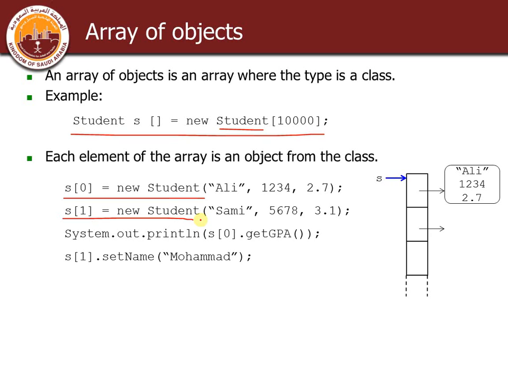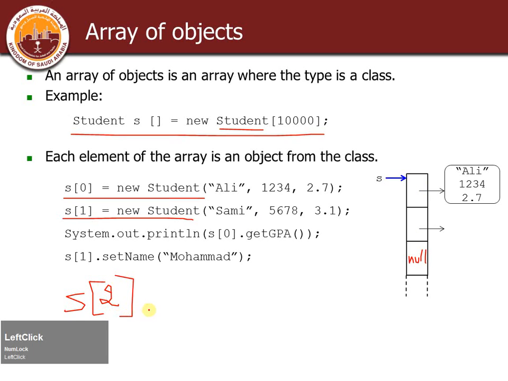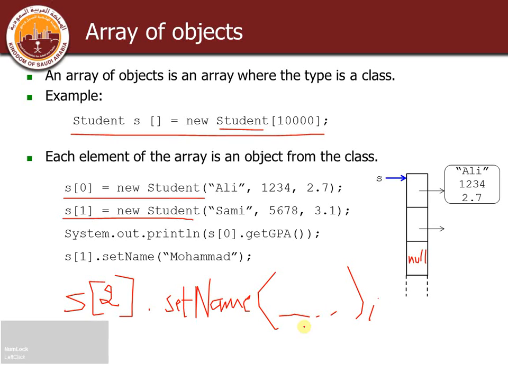But for the class data type, if you put nothing inside of it, it's going to be null, the equivalent of 0 for objects. If, for example, I write something like this, s2 dot set name or whatever, and I try to execute this, this is going to raise an exception.